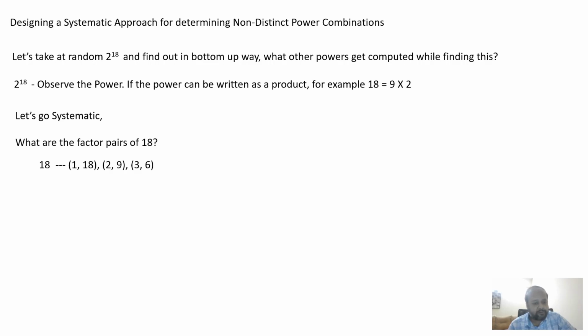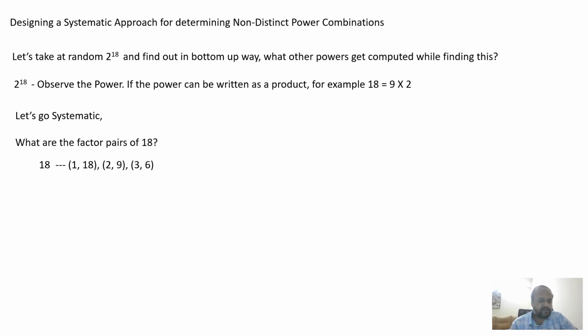And you don't have to go after that, because you just have to go till the square root of 18. After the square root, you will get everything in the reverse order, like 18, 1, 9, 2, 6, 3, but you would have already found them. Anything above the square root can't form a factor pair with two numbers greater than the square root.